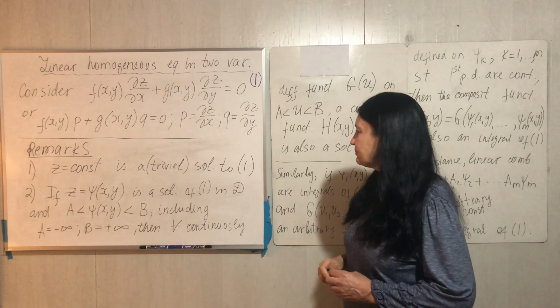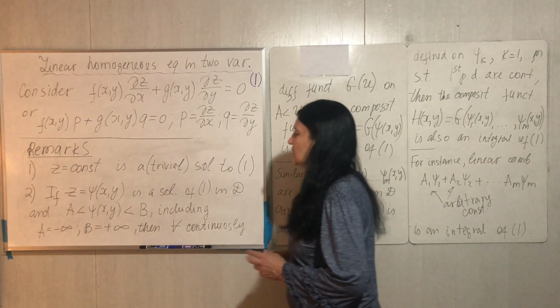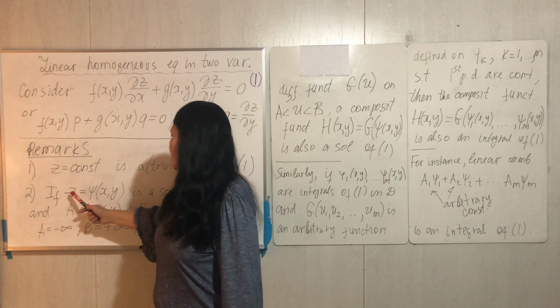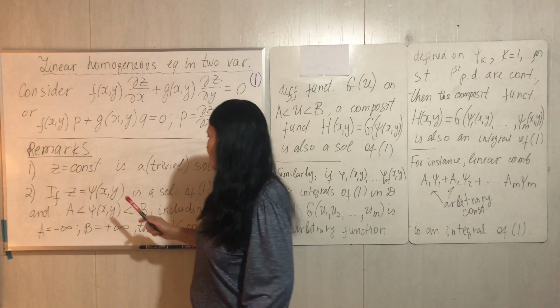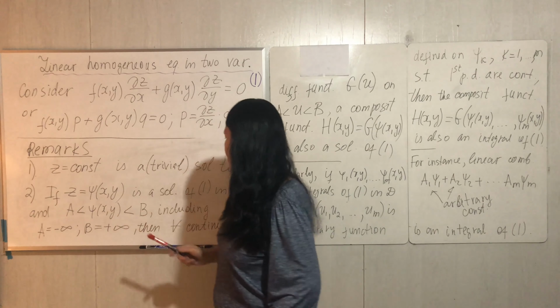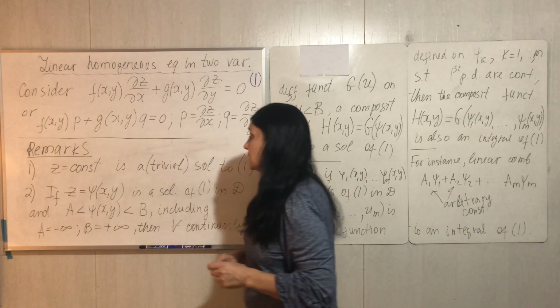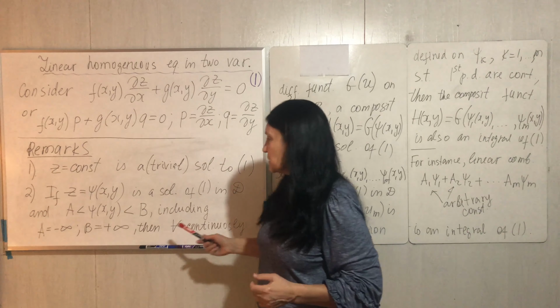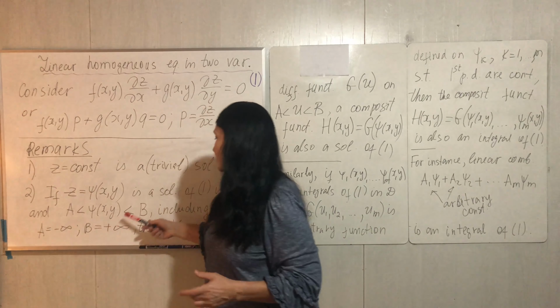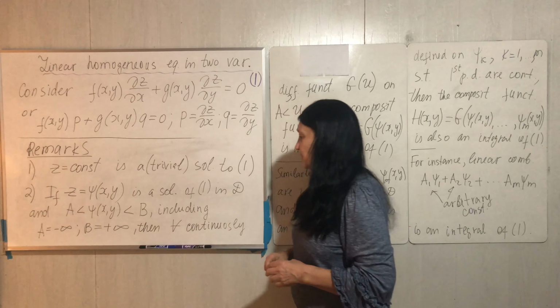Second, assume that we have a solution, an integral z equals psi of x, y of equation 1 in the domain D where our variables x and y are changing, and assume that this psi is between a and b, and this is not a restriction because we include the case when a is negative infinity and b is positive infinity.